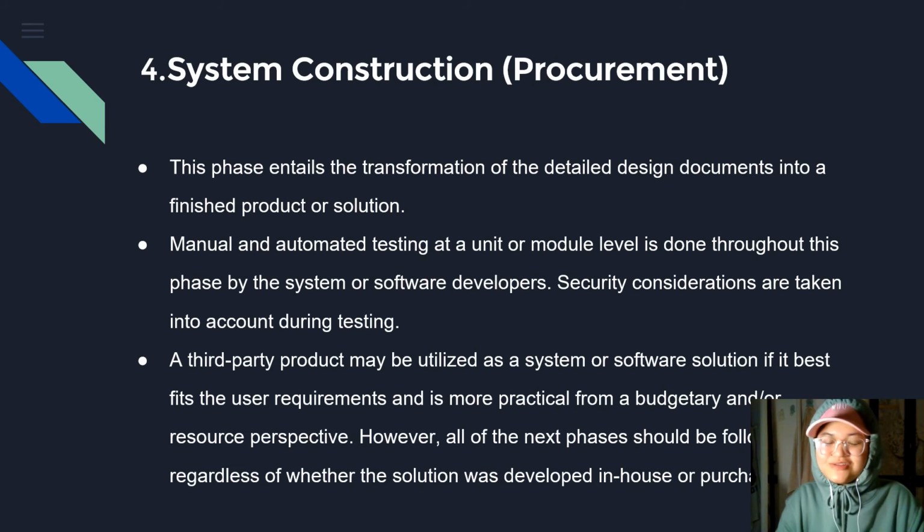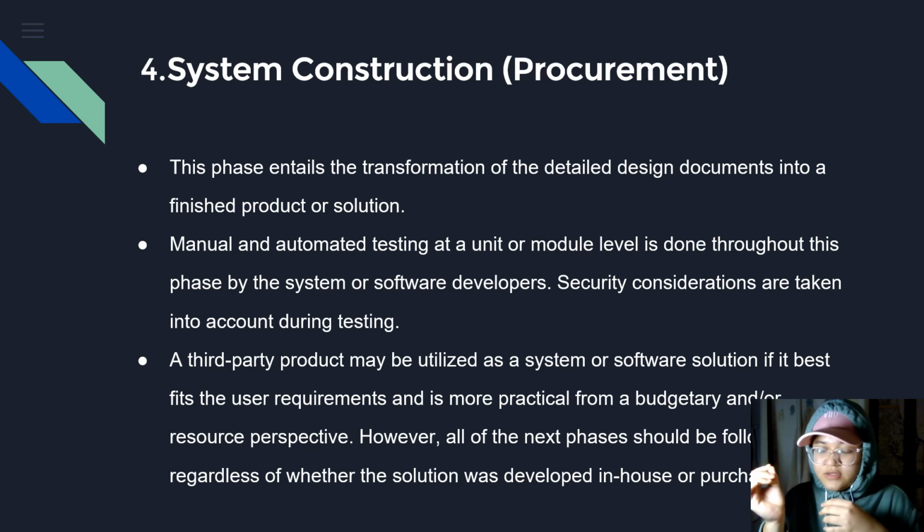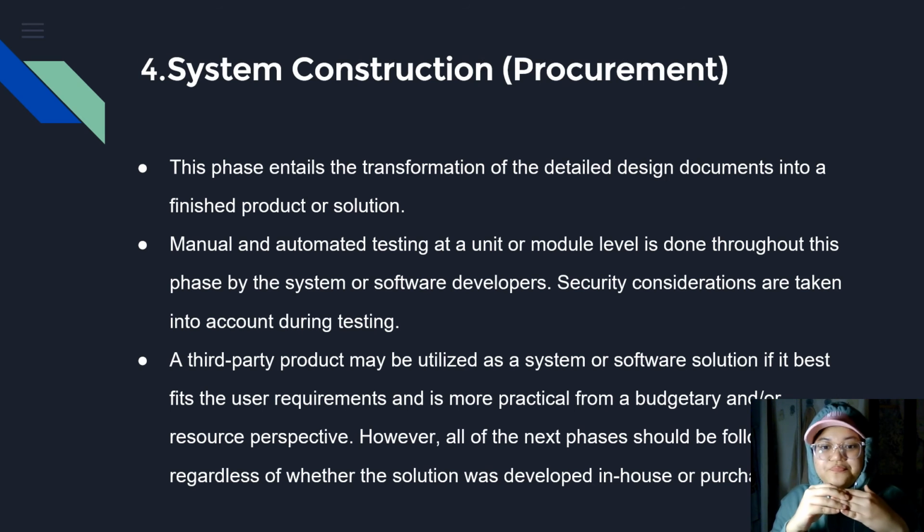Next, system construction or procurement. In this phase, the detailed design documents are transformed into a finished product or solution. Manual or automated testing at a unit or module level is done throughout this phase by the system or software developers.